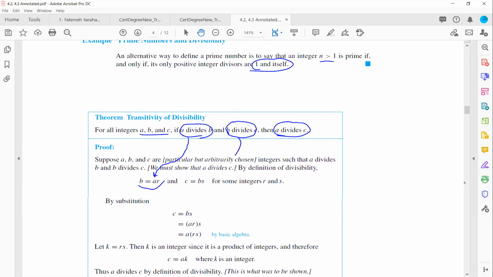Since b divides c, it means that c can be written as b times another integer like s. Then, substitute that b in the second equation. c is equal to a r times s, and as you can see, a is a factor of c. So a divides c.